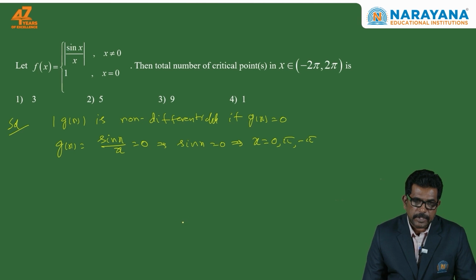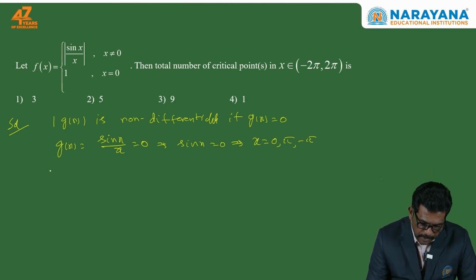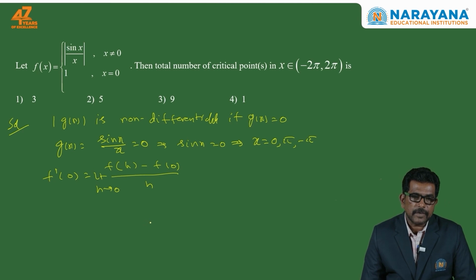To check the differentiability condition, first at x is equal to 0, I am going to check whether the function f is differentiable or non-differentiable. We have the formula f dash of 0 is equal to limit h tends to 0, f of h minus f of 0 by h.